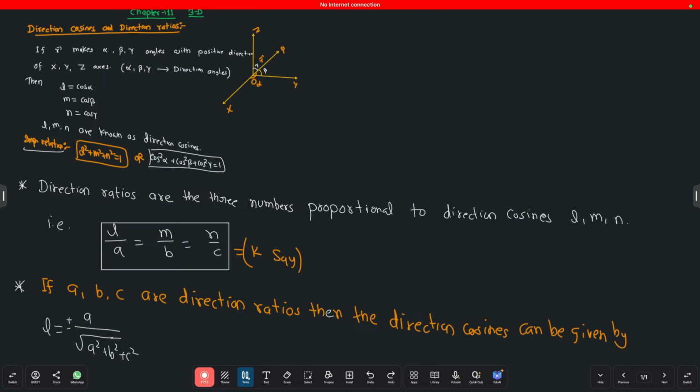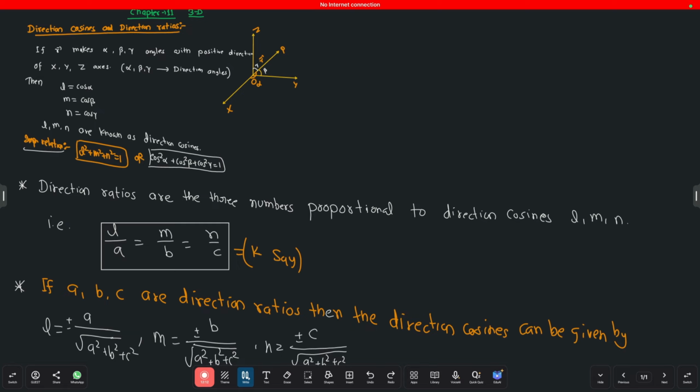M equals plus minus B upon root over A square plus B square plus C square. And N equals plus minus C upon root over A square plus B square plus C square. If direction ratios are given, you can find the direction cosines. Just divide by root over A square plus B square plus C square.